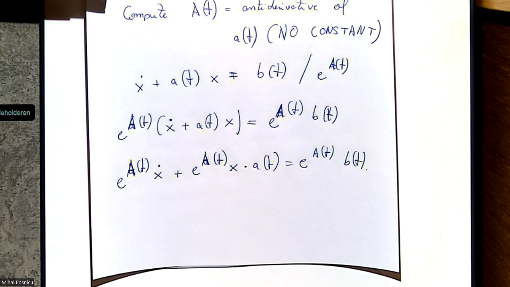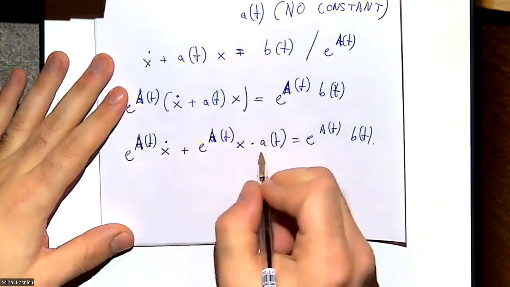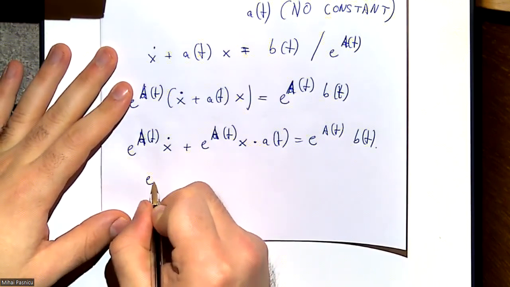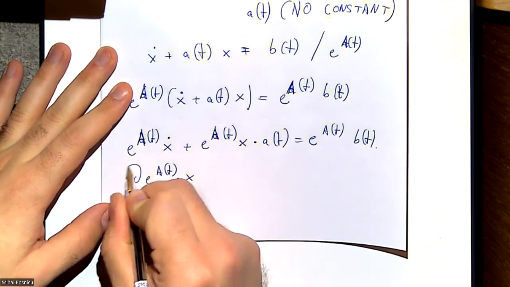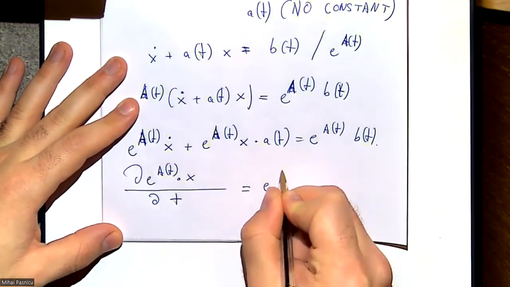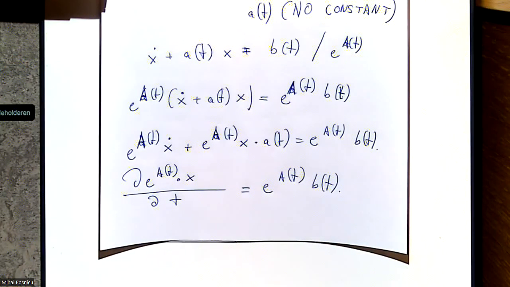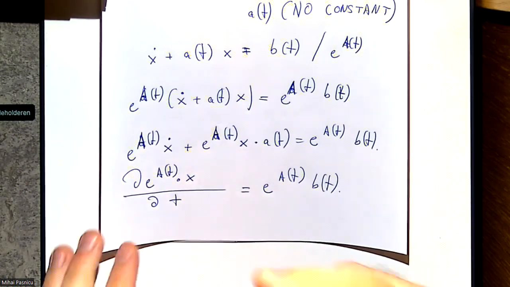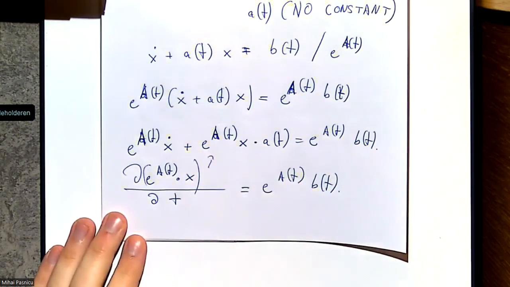My claim is that this left-hand side is just the derivative with respect to t of e to the A(t) times x. Can you guys see it? Just attempt to take a derivative of this thing, and you're going to get exactly the thing up top.